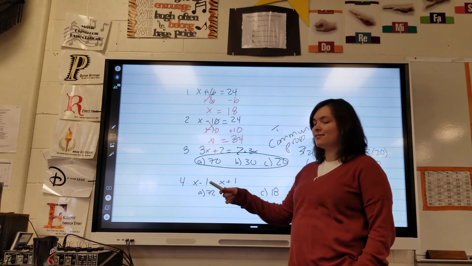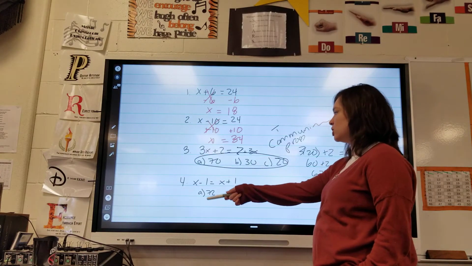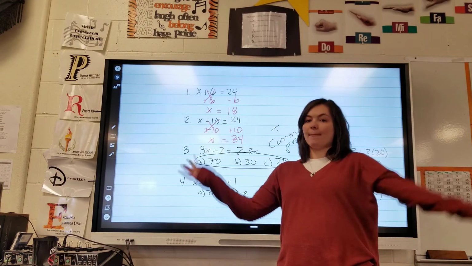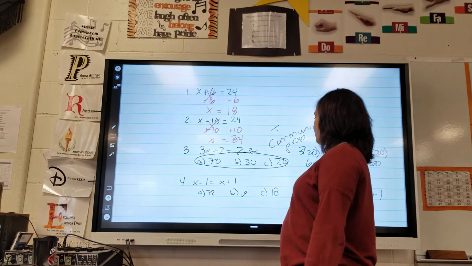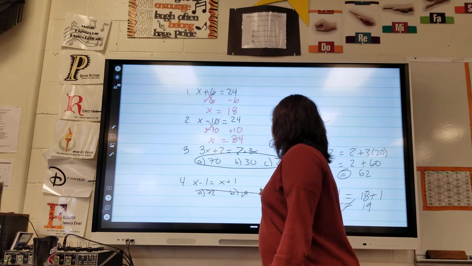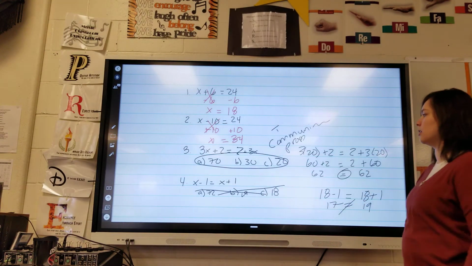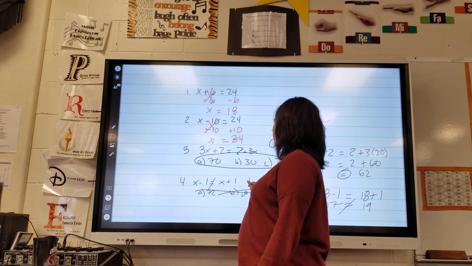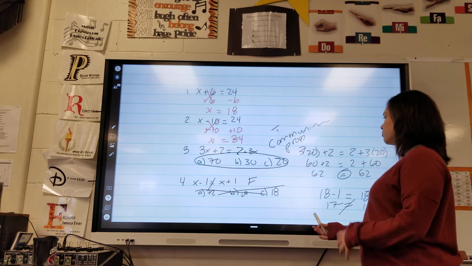So, do you think any of these are going to work? No. The reason is, one is addition, one is subtraction. They're opposites. Opposites are not going to equal each other. So none of these work. This is just not true. Number 4 is false.